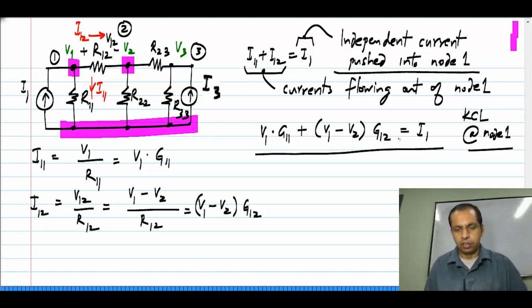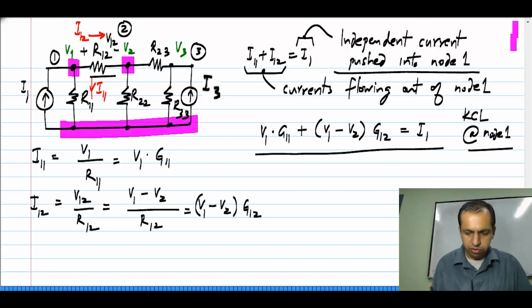Now, let us go ahead with the other two nodes. So, let me do it for node 2. So, again my convention is to always take the current flowing away from node 2. Okay. So, I have to take the sum of the current in R12, R22 and R33 in this direction flowing away from the node to be 0, because there is no independent current source connected to this node.